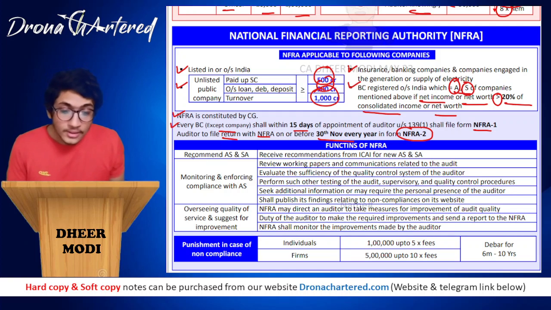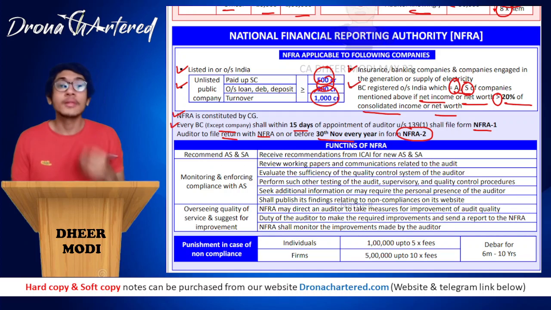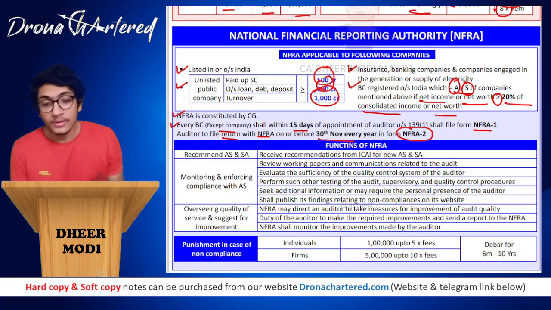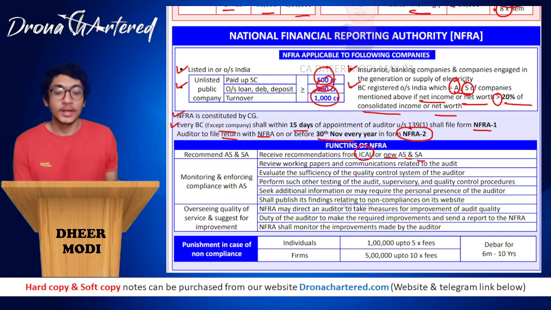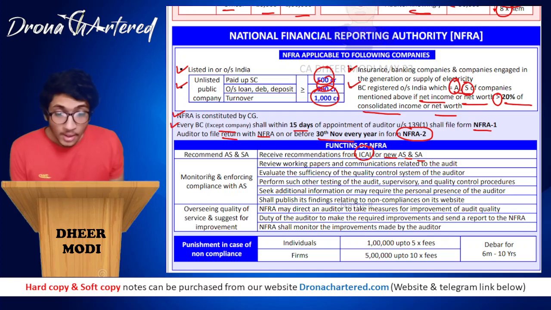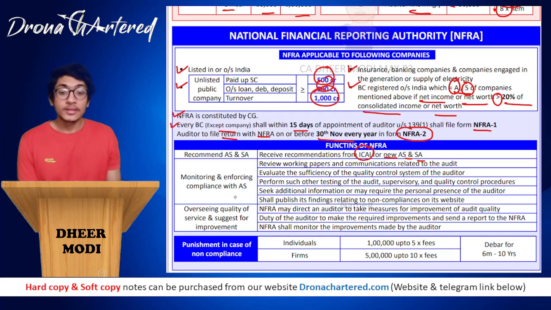Functions are to recommend your AS and SA, that is accounting standards and standards on auditing. They will receive recommendations from ICAI for new AS and SA. Okay, monitoring and enforcing compliance with AS.